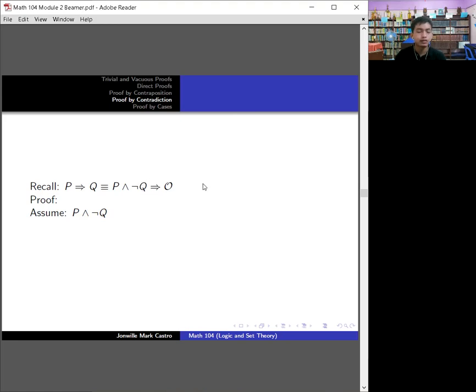So kung maalala sa rules of inference, kapag proof by contradiction, nag-start tayo sa negation of conclusion, then mag-a-arrive tayo sa isang contradiction. So assume P and not Q, need to show contradiction, which is a statement that is always false.